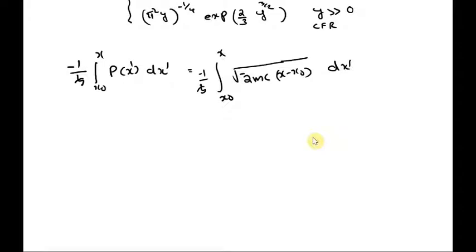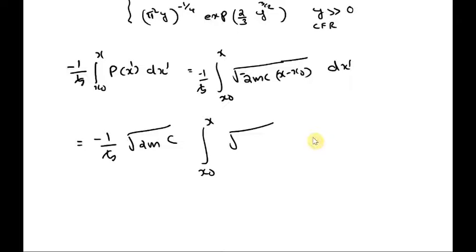I just want to change this variable x to y now. Before that, I'll extract all the constants outside. Minus 1 by ℏ, root 2mc is there, and I'm keeping inside the integral from x naught to x the root of x minus x naught.